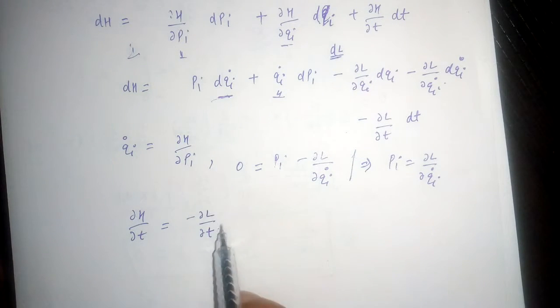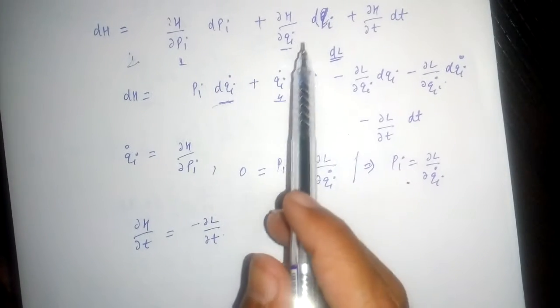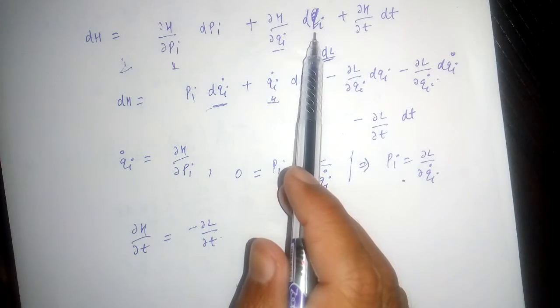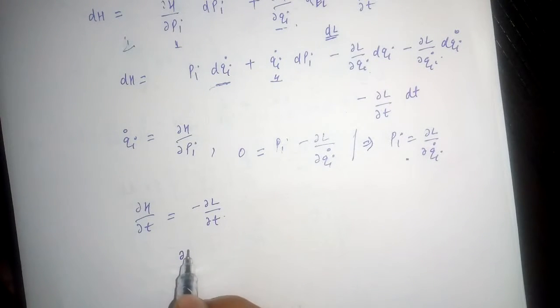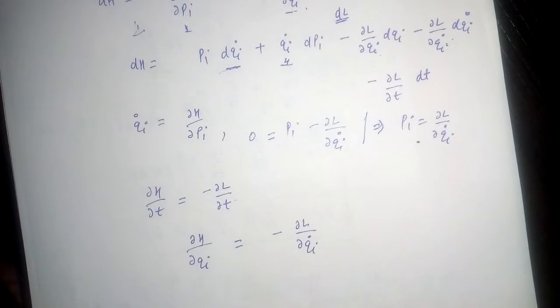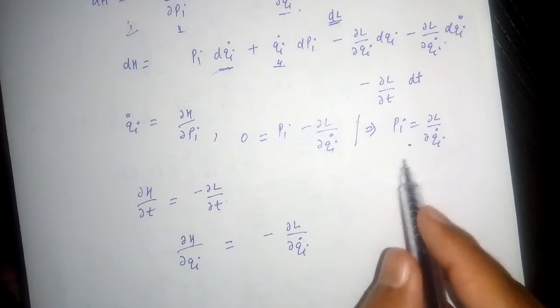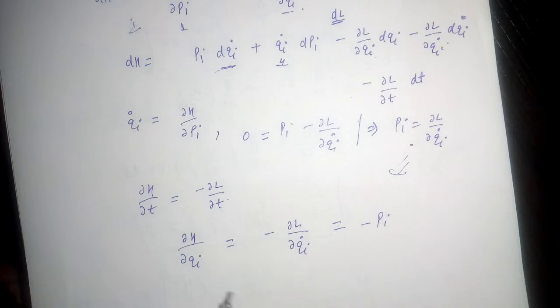These three equations will be helpful. We will also compare the coordinates of qi in this, and the next equation will be delta H upon delta qi minus, from here, will be pi dot.